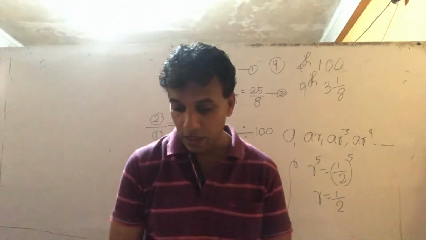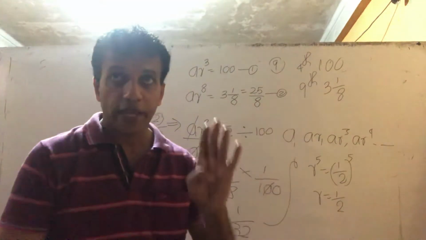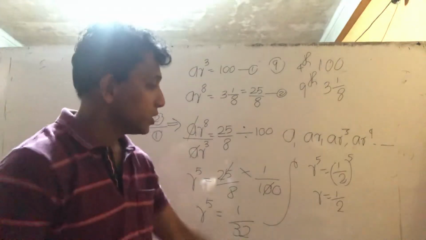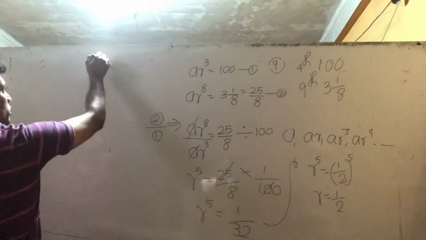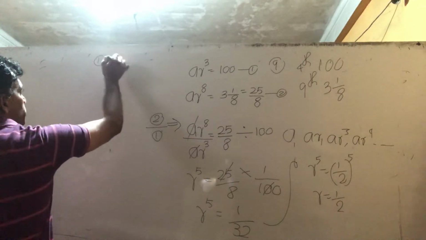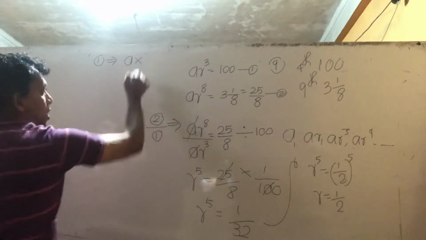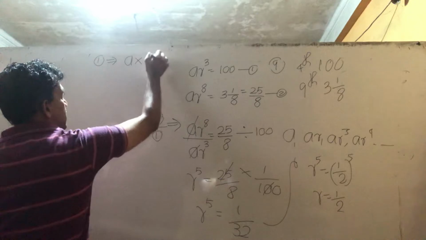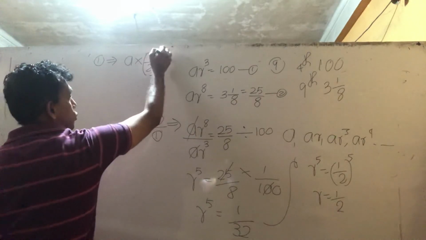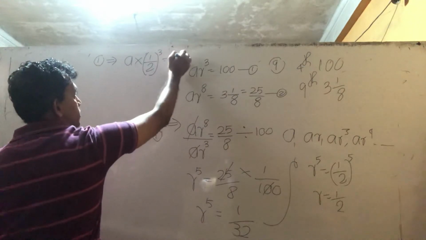The question is, write the first 5 terms. Without A and R you can't go ahead. So by substitution, find the R value and the A value. In the first equation, A into R, which is half, its cube, equals 100.